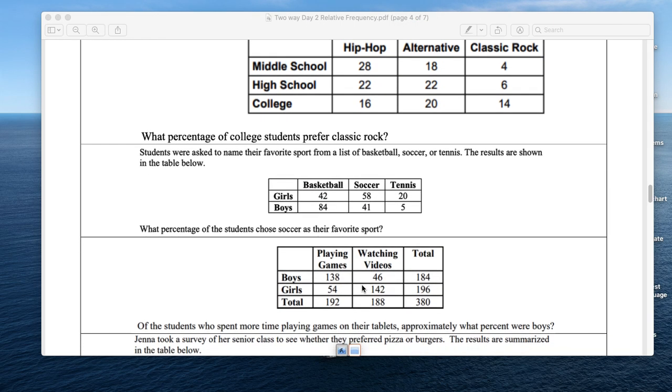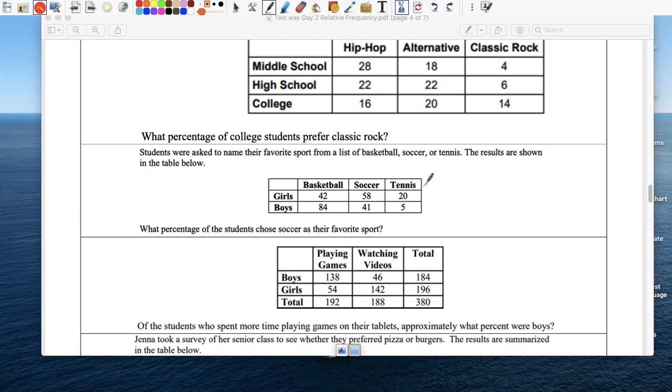Another problem that doesn't have a total. I don't know why. So I'm going to add it. Total. So this is 25. This is 99. Yep, 99. This is 126.